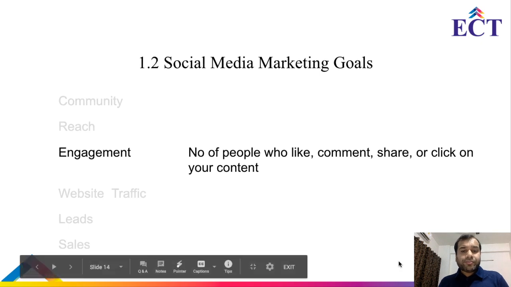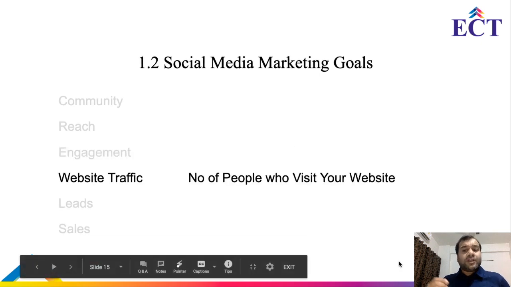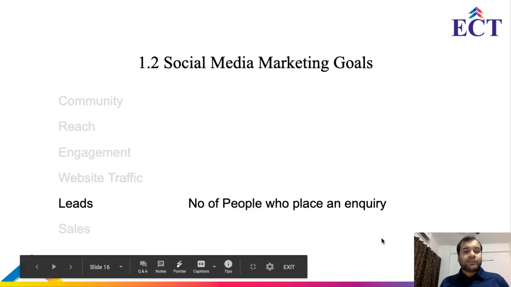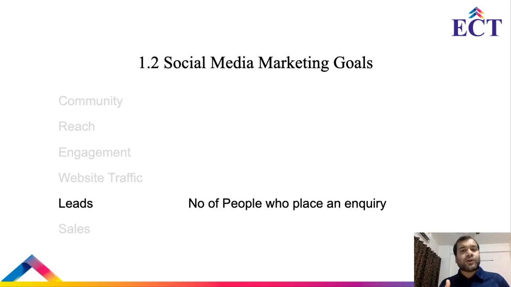Okay. Then website traffic, the number of people who visit your website from your social media pages. Leads, right? The number of people who place an inquiry. They either make a call, or put in a contact us form, or anything that they are trying to connect with you. So the number of people who place an inquiry, these are the leads that you are getting.